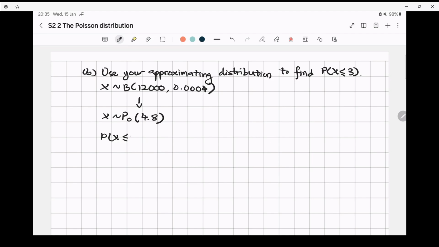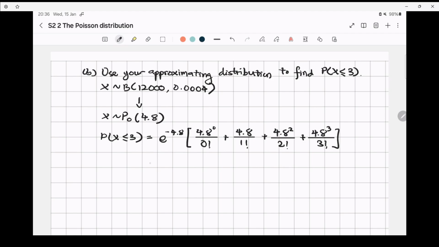P(X smaller or equal to 3) will be P(X equals to 0, 1, 2, and 3). So I factor out e to the power of minus 4.8. Then I calculate the rest. So it will be 4.8 power 0 over 0 factorial, 4.8 to the power of 1 divided by 1 factorial, 4.8 squared divided by 2 factorial, and then 4.8 cubed divided by 3 factorial.